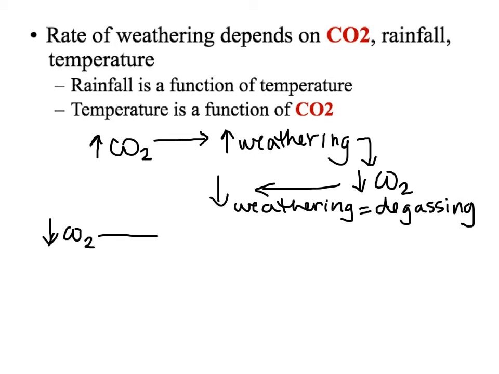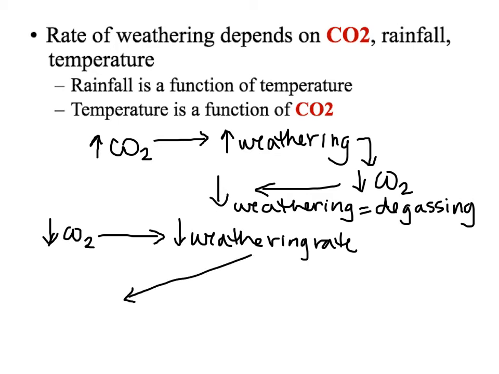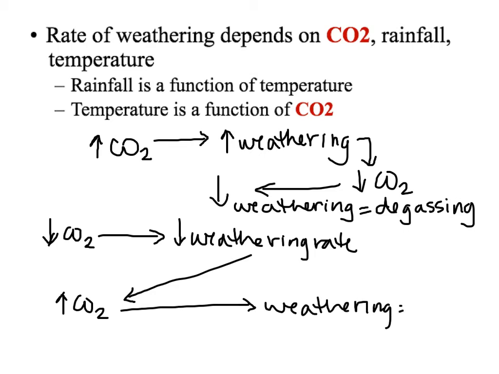In this case, because there's not enough carbon dioxide in the atmosphere to really promote weathering, this reduces the weathering rate, which then lets carbon dioxide build up in the atmosphere. So this increases CO2 in the atmosphere until the weathering rate increases to match degassing.